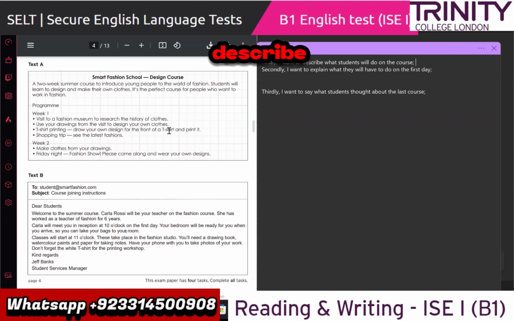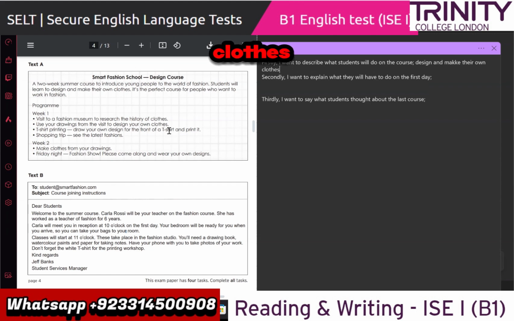So I want to describe what's design and, as you wrote, design and make their own clothes. It was a good try to write personal, but the spelling of clothes is already written here, so you should have copied it nicely. Okay. Going to visit the fashion museum.